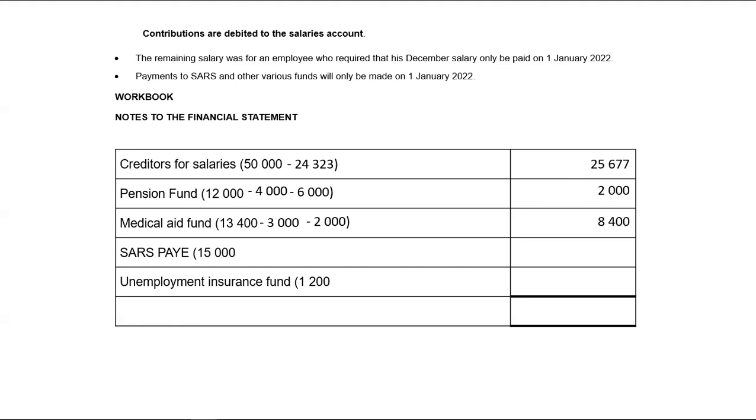Pay as you earn, you do the same thing. You minus the 8.5. When it comes to pay as you earn, you don't contribute anything. That's why you're just minusing what the employee contributed. And then when it comes to unemployment insurance fund, you minus the 177 that was contributed by the employee, and then you minus 177 that we as the company contributed.